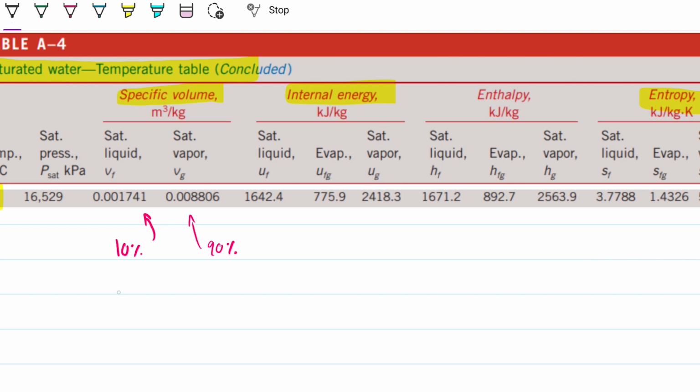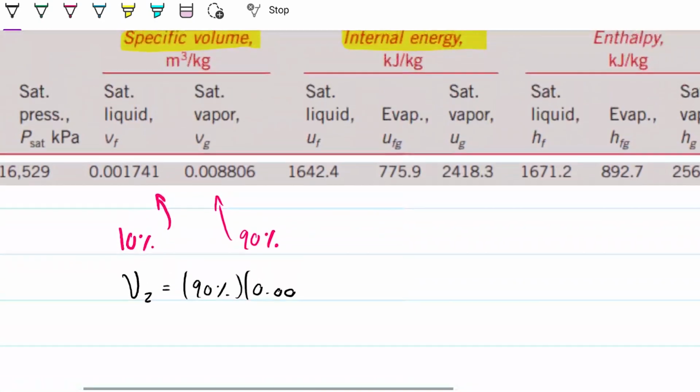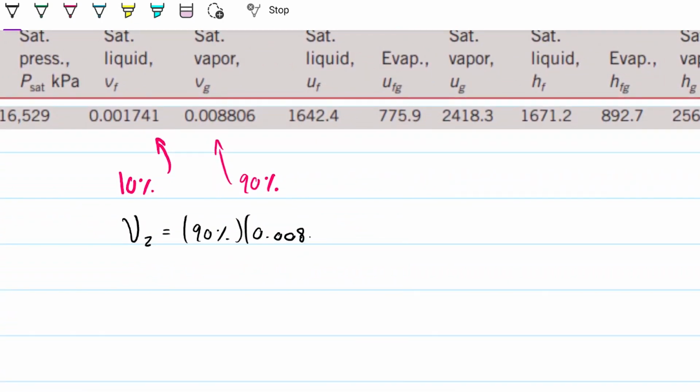So in this case, the specific volume of state 2 will be 90% of 0.00886 plus 10% of 0.001741.